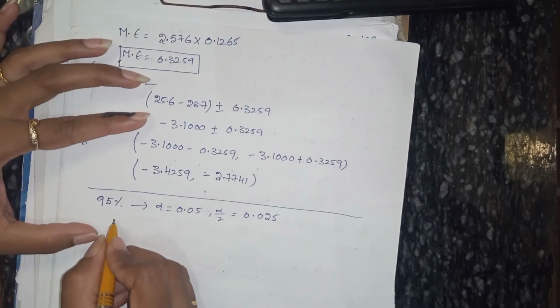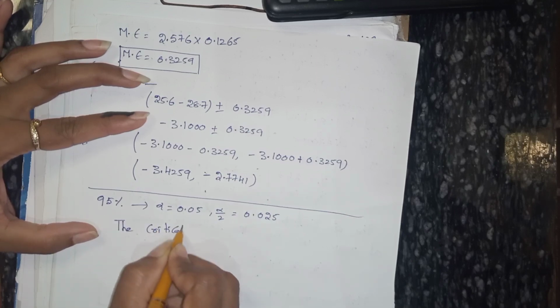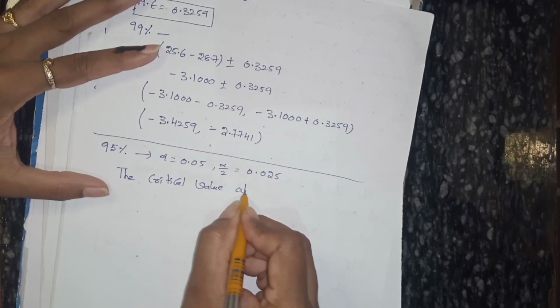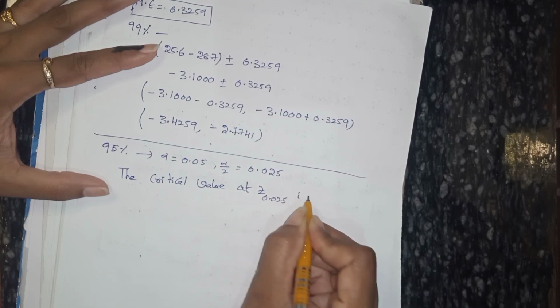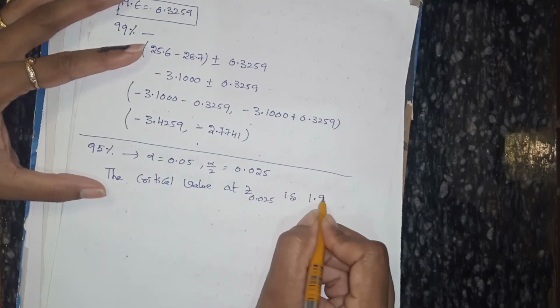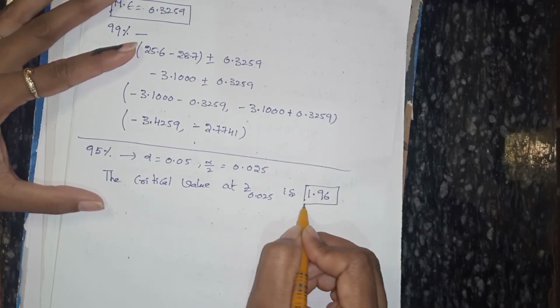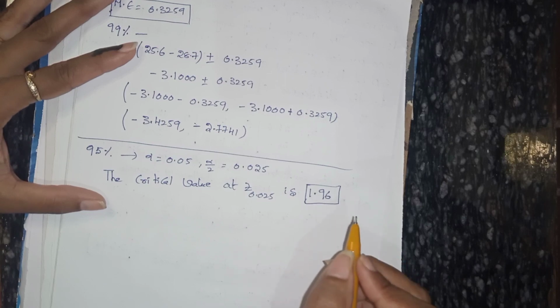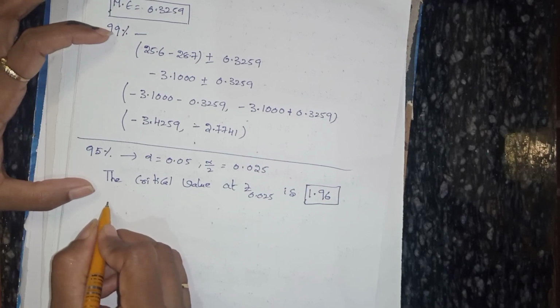Now the critical value at Z 0.025 is 1.96. The critical value and the table value are both the same, 1.96.